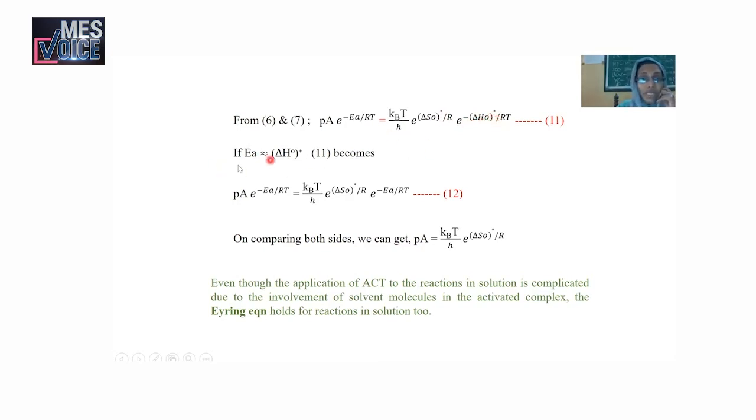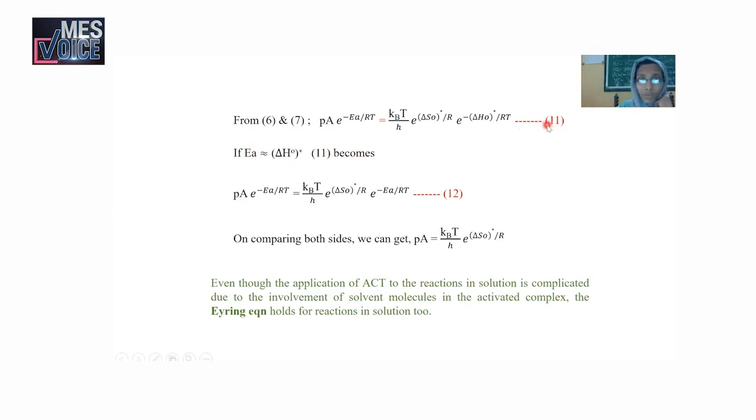We know that EA is equal to delta H0 star plus RT. Here RT is very small compared to delta H0 star. So in that case EA is approximately equal to delta H0 star.